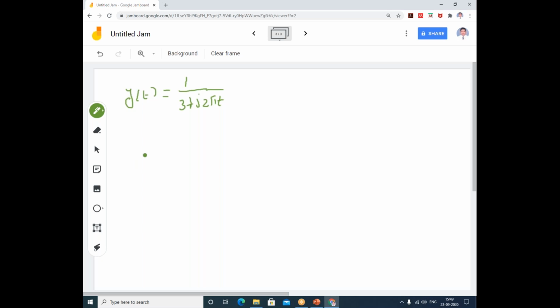But we know the Fourier transform of e power minus at into u of t, which you can write as 1 by (a plus j2πf). This we already proved.